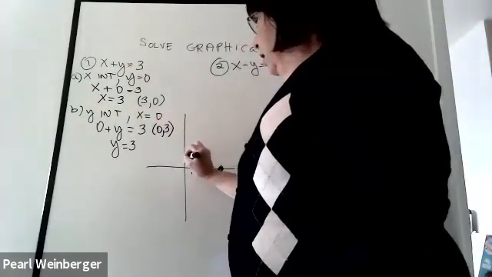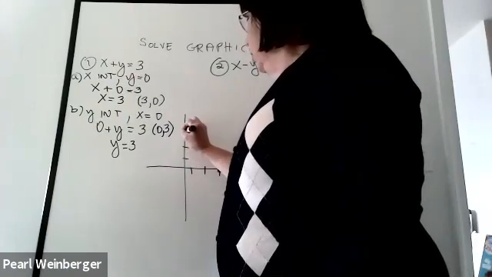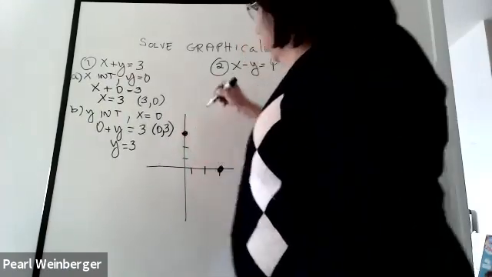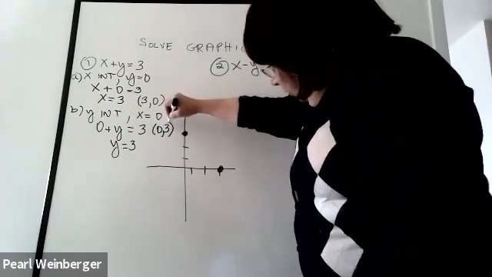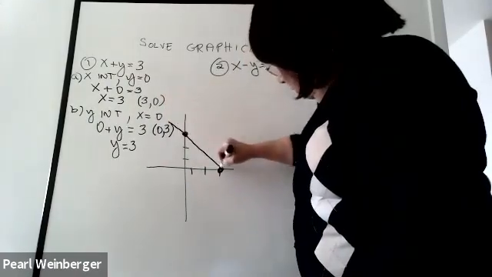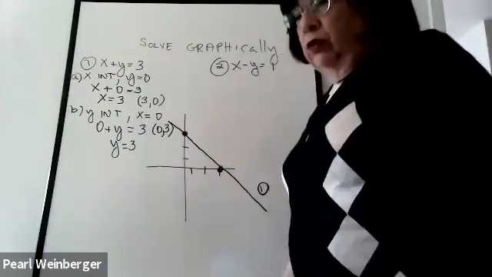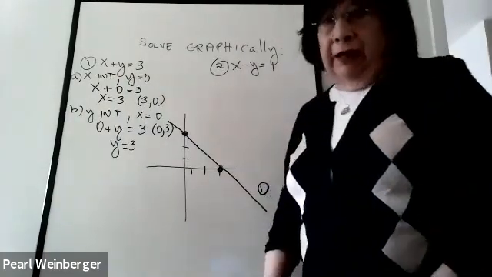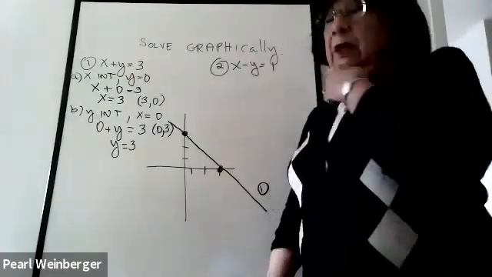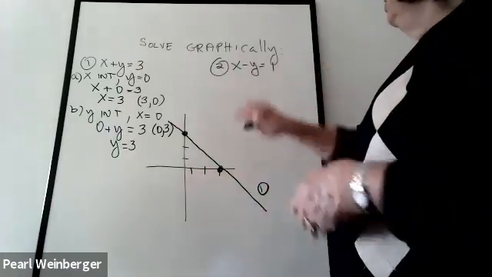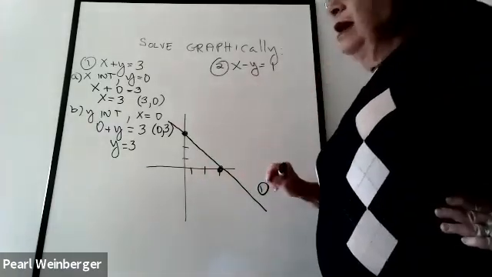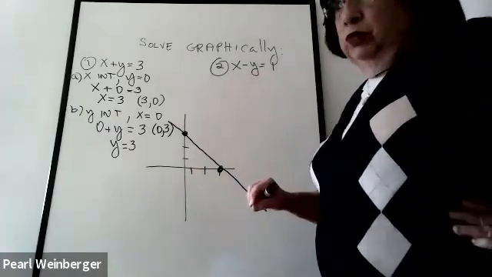Here's that. So if I connect these points, here is line number 1. We've drawn the graph of line number 1. That was very easy to do, so let's do this one by the intercept method as well.